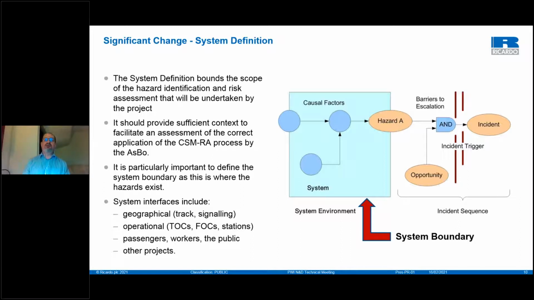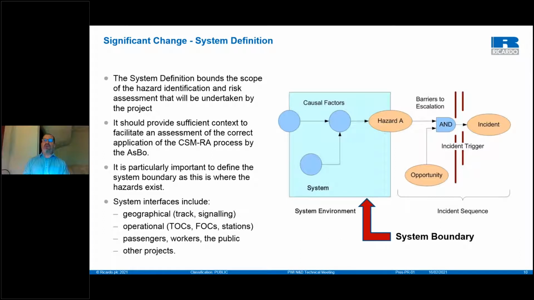So we've got lots of activity taking place within a system environment which have the potential to interact with each other and result in a hazard. Hazards tend to occur on the system boundaries, where the change that you're making within the system has an impact on other steady state activities that interface with the change that you're making.